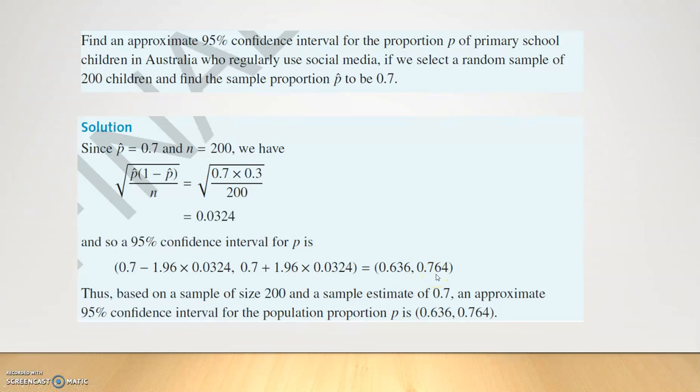It's a much smaller interval, and based on a sample size of 200, the approximate 95% confidence interval is only between around 64% to 76%. That's only a difference of 12%, a much smaller interval than the previous example, which had an interval of approximately 40%.